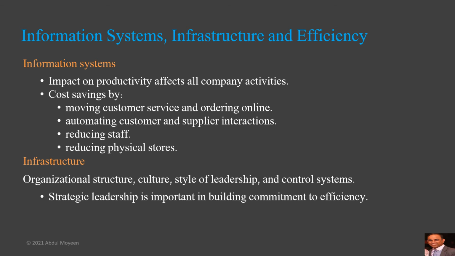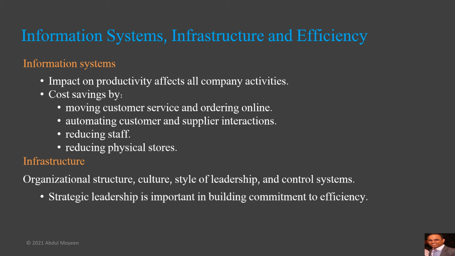So let's now see how the company's information system and infrastructure can contribute to efficiency gain. The impact of information systems on productivity is wide-ranging and potentially affects all other activities of a company. Here we can save cost by moving customer service and ordering online.